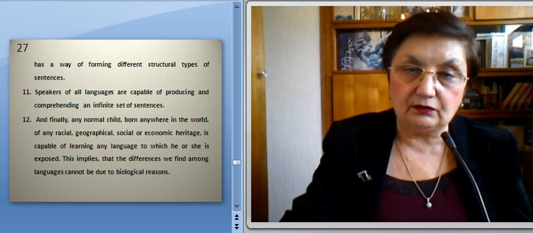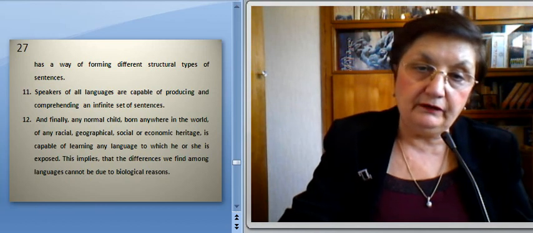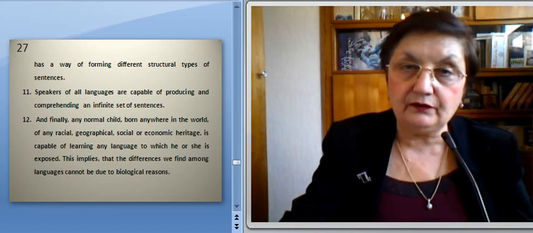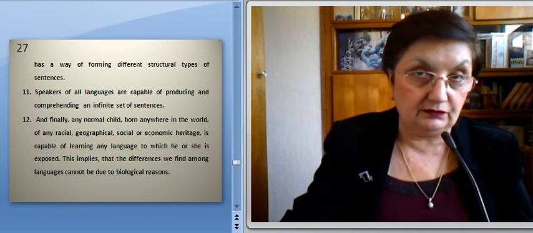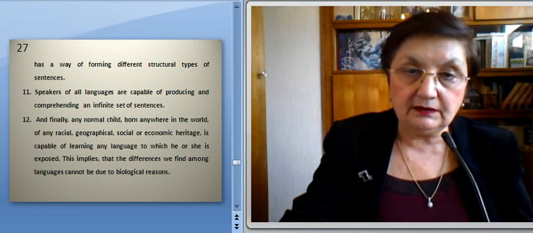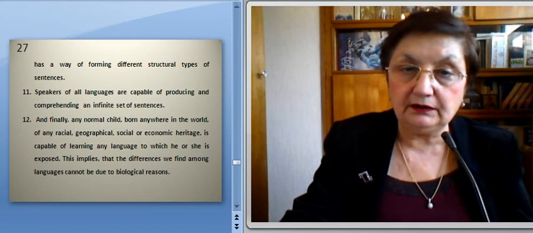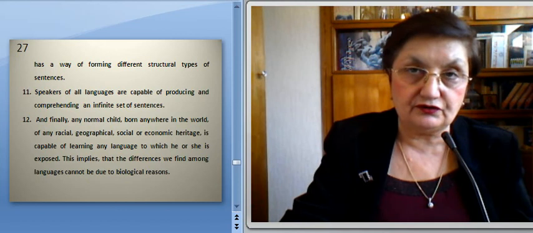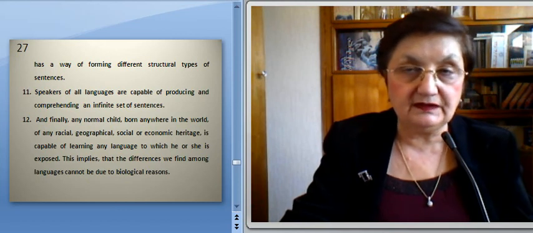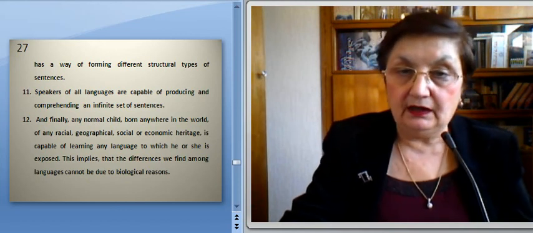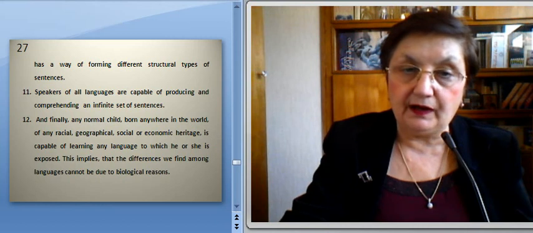This implies that the differences we find among languages cannot be due to biological differences. These principles, which define the basis of the specific grammars of all possible human languages, have been revealed and studied by universal grammar.